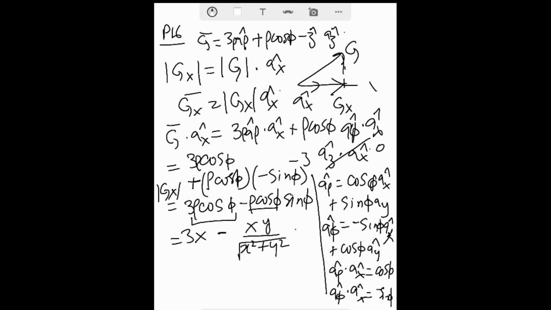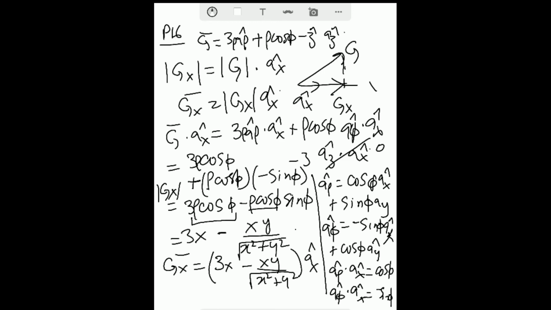So now my g_x vector will be the magnitude 3x minus xy divided by the square root of x squared plus y squared, and the direction is a_x.